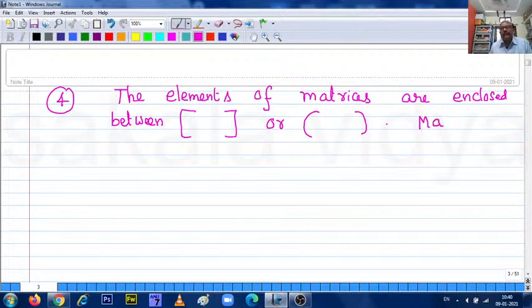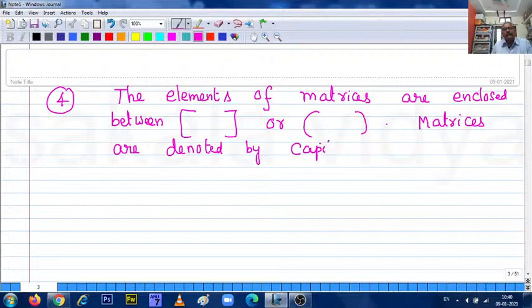Matrices are denoted by capital letters, that is capital A, capital B, capital C, and so on, X, Y, Z.